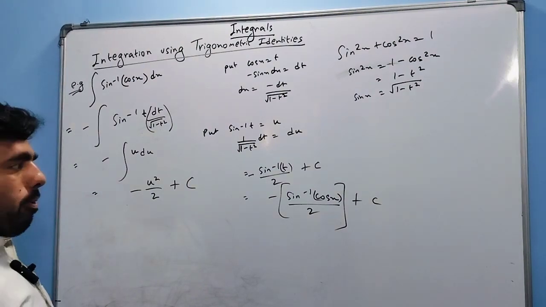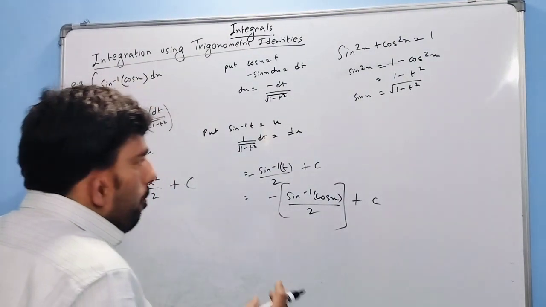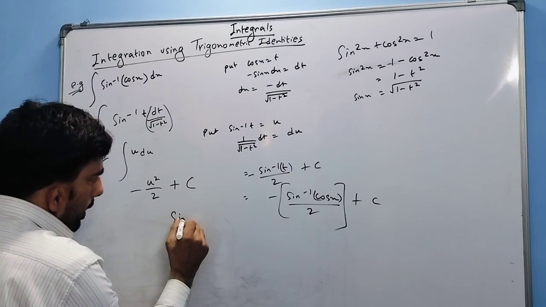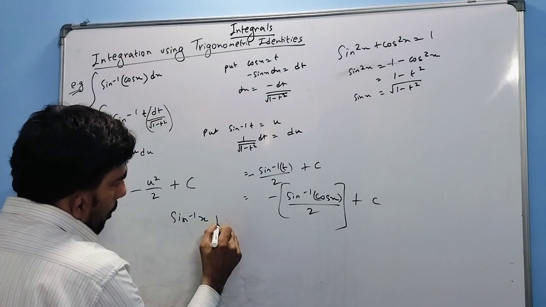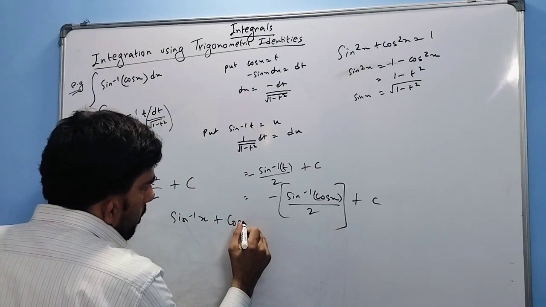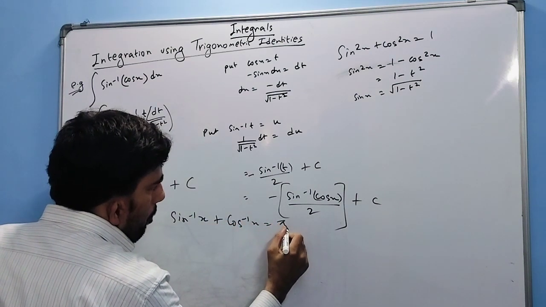But this is not solved here. We'll solve it now. We all know that sine inverse x plus cos inverse x is equal to pi by 2.